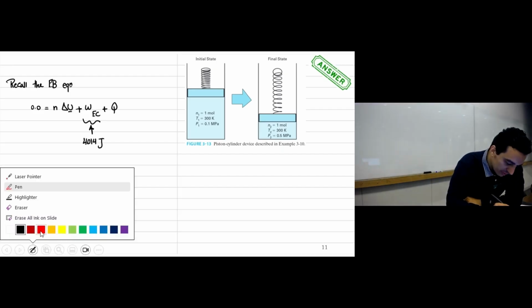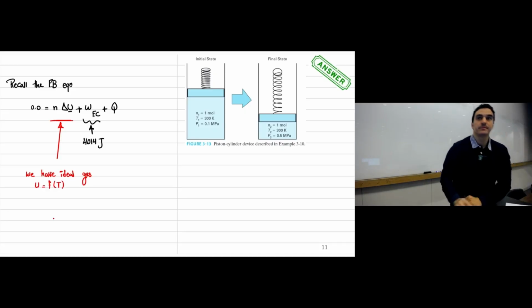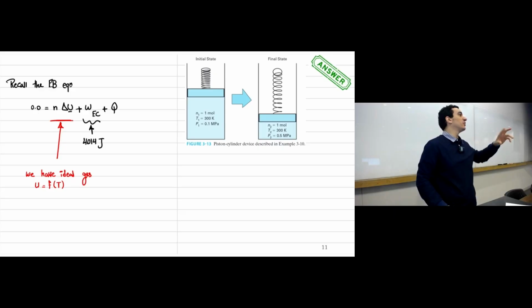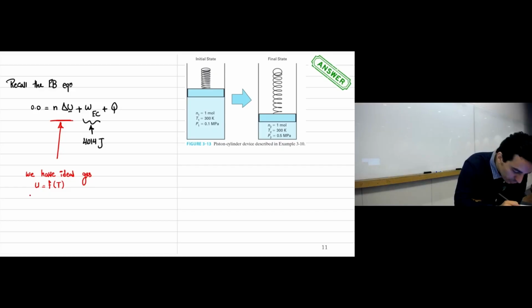But here note this thing. In this example, we have ideal gas. And for ideal gas, the value of the internal energy, if you remember, is a function of only temperature. This is the only parameter that affects the internal energy value for ideal gas. And in this example, this process is isothermal.